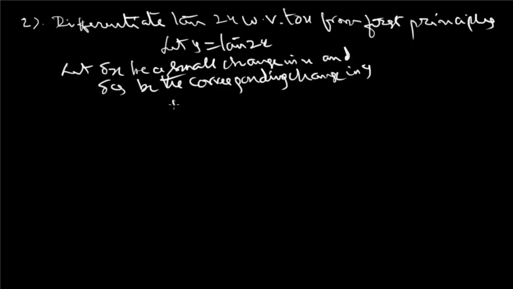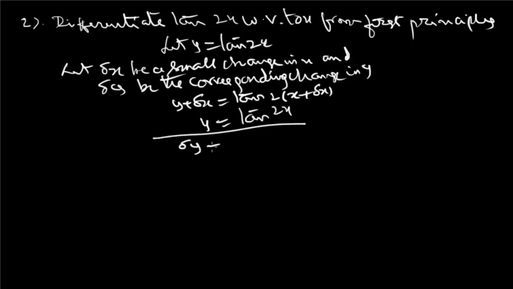So as usual we write y plus delta y here because there is a small change in x. Tan, here you must be very careful. Don't write 2x plus delta x but 2 into x plus delta x. So below that you write y is equal to tan 2x and subtract as usual, delta y is equal to tan 2x plus 2 delta x minus tan 2x.